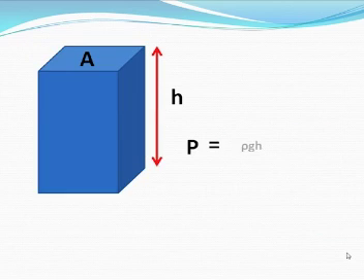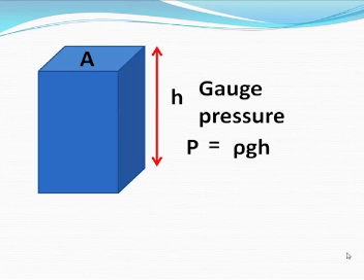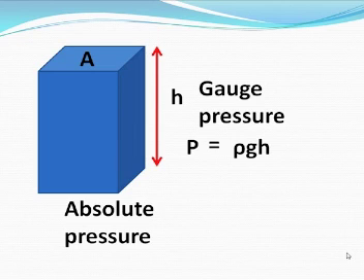So, one more thing is that pressure is rho g h, and that's actually called the gauge pressure. It's just a name given to that. And that's the pressure of, let's pretend it's a column of water on the ocean floor. But the absolute pressure is equal to the atmospheric pressure plus that rho g h.